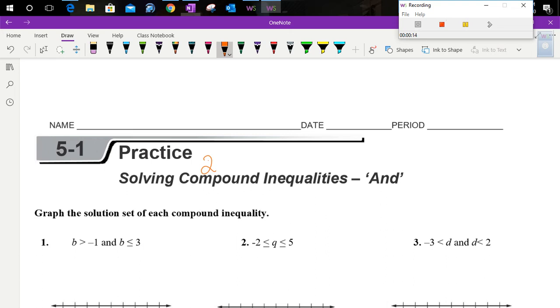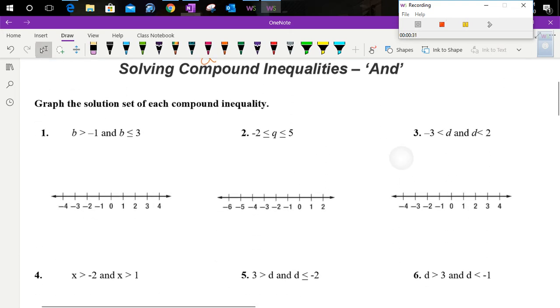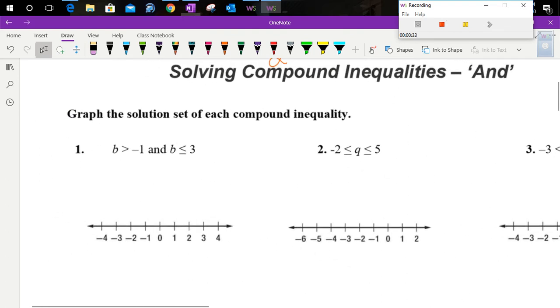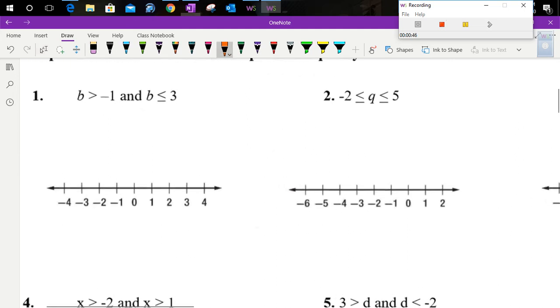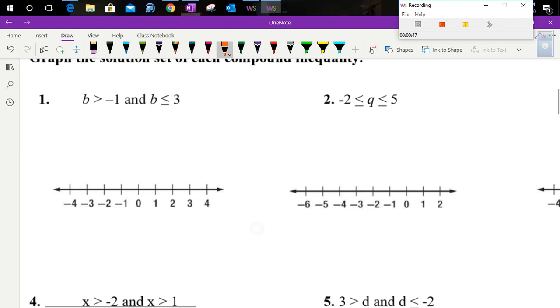So when we take a look at example number 1 here, and we'll add some more notes as we go here, instead of just graphing this right on our answer line, we're going to use what I call helper graphs. And yes, you need to do the helper graphs. If I take a look at this first inequality and graph it, it says that b is greater than -1.